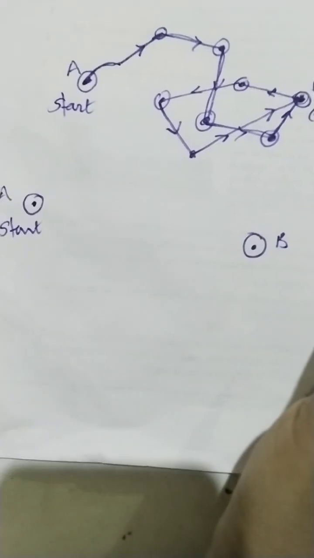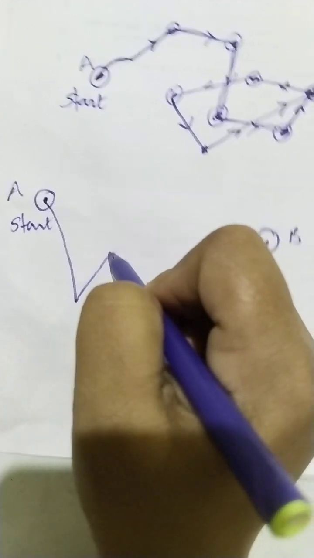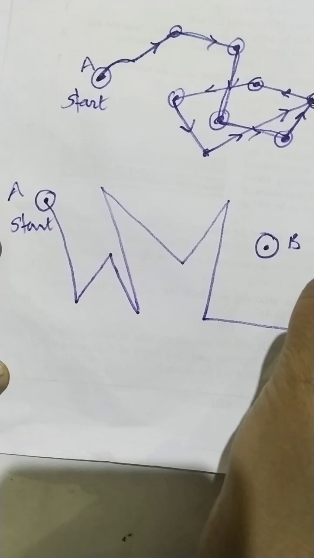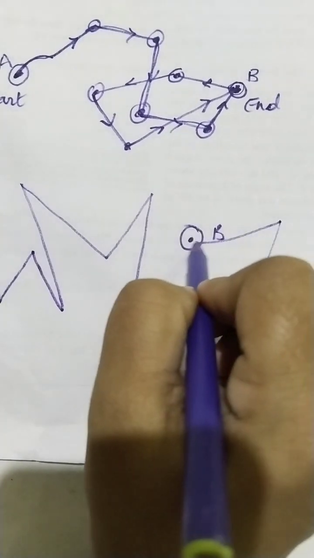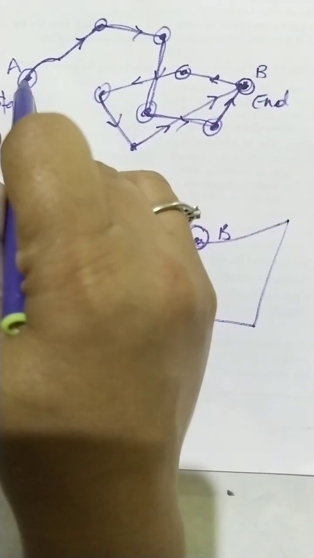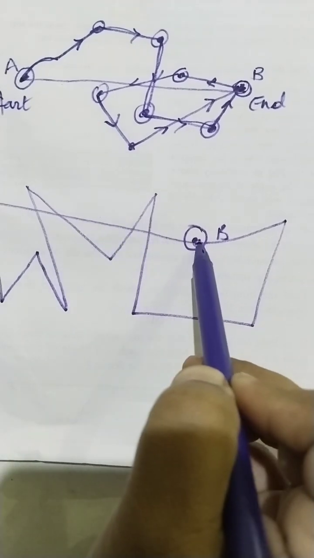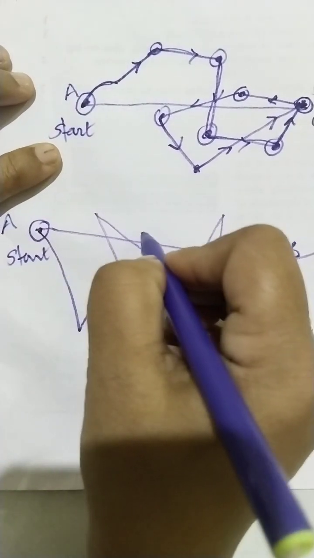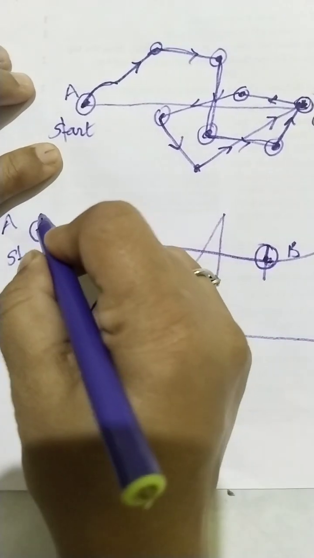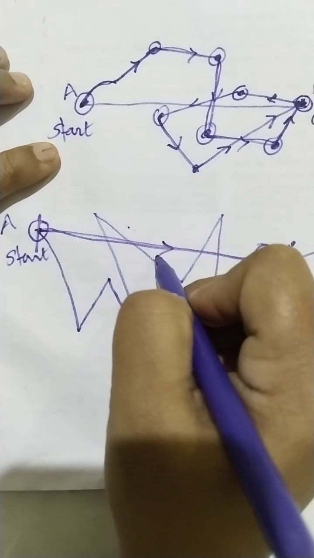Now while traveling from point A as the start point, if a person follows a different path, if we see this, the shortest path, which is a straight line path between A and B, is called the displacement, and it is direction specific.